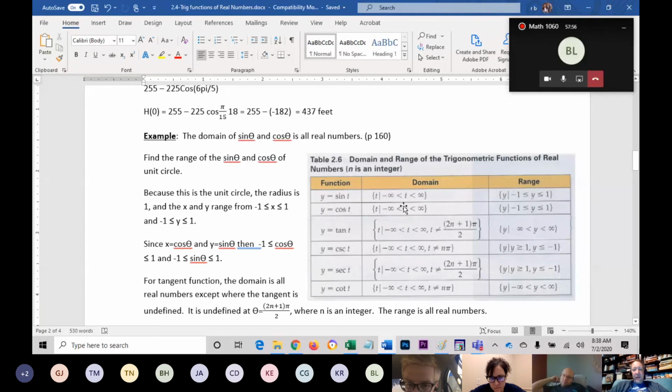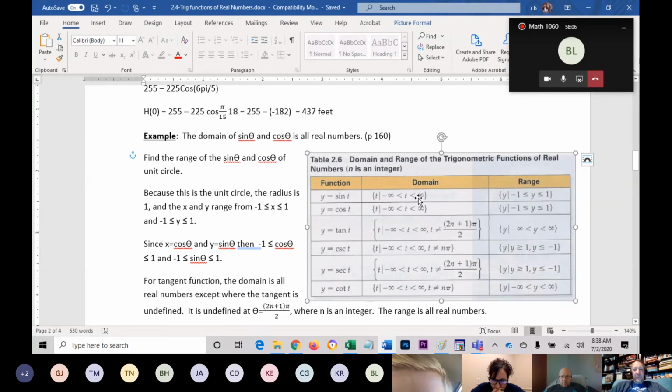For your cosine of t, once again, your domain is all real numbers, and your range is going to be between -1 and +1.